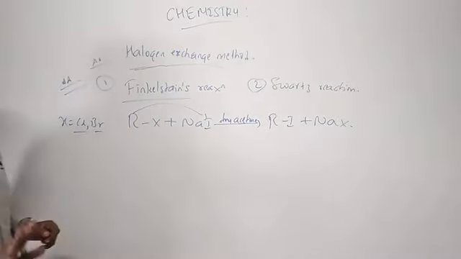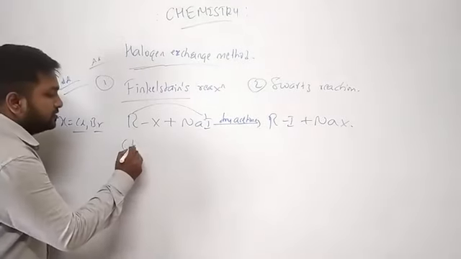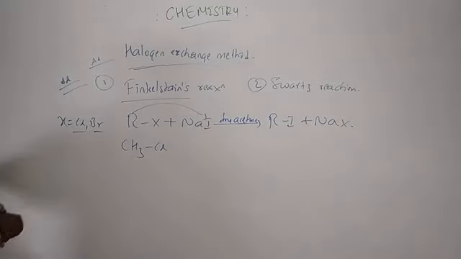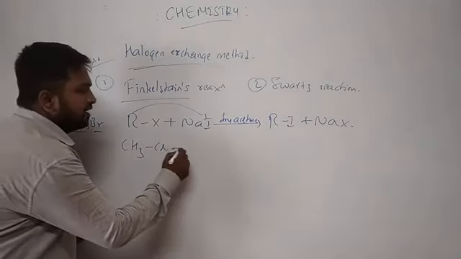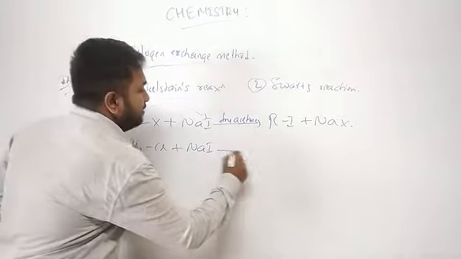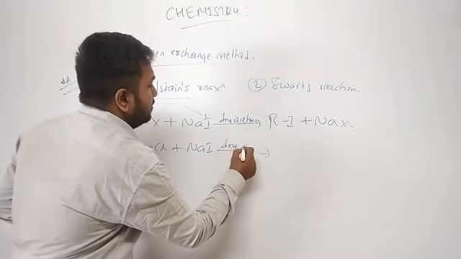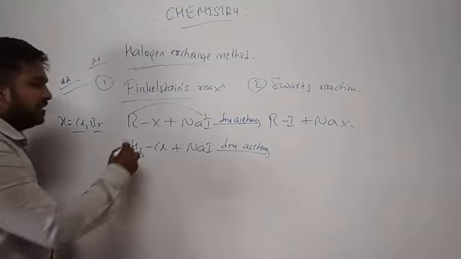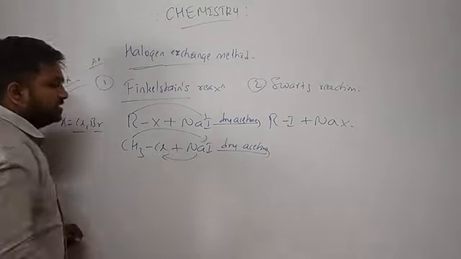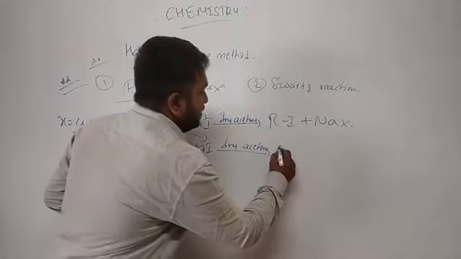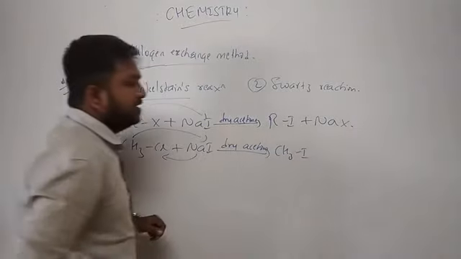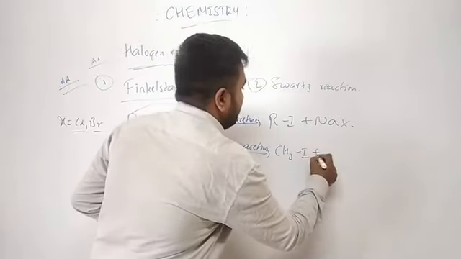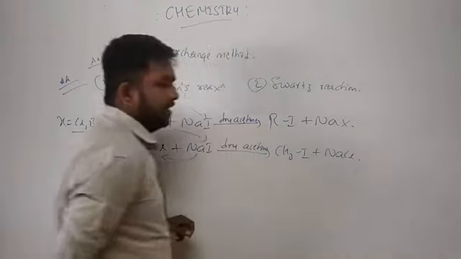Clear? So let's take an example for this one. This reaction is very important, so pay attention. CH3X, let X be chlorine. This is the simplest example we can have: methyl chloride. When it is treated with sodium iodide, halogen exchange takes place. It forms CH3I, that is iodomethane or methyl iodide, and sodium chloride.